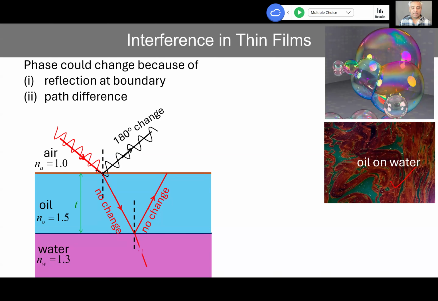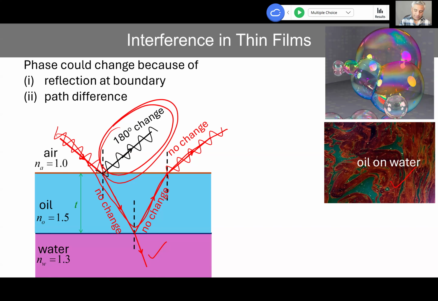And there is no change for the transmitted one here as well. So now this one gets out. So this one never went through a phase change. The only phase change that happened was for this one here, the reflected one, okay?